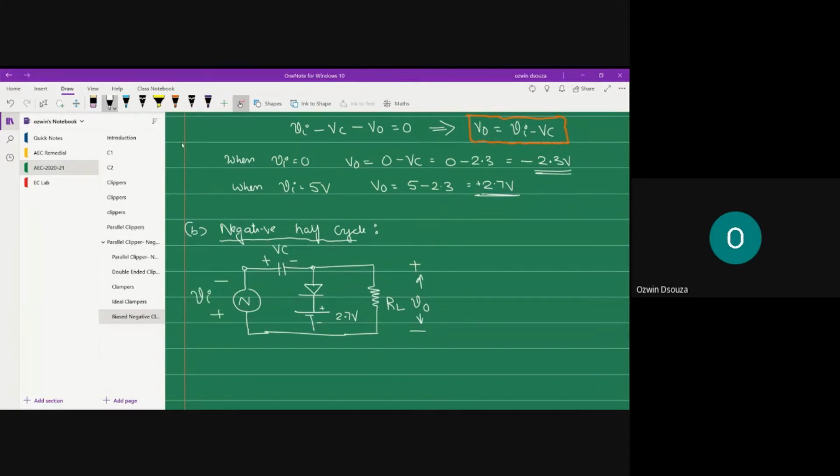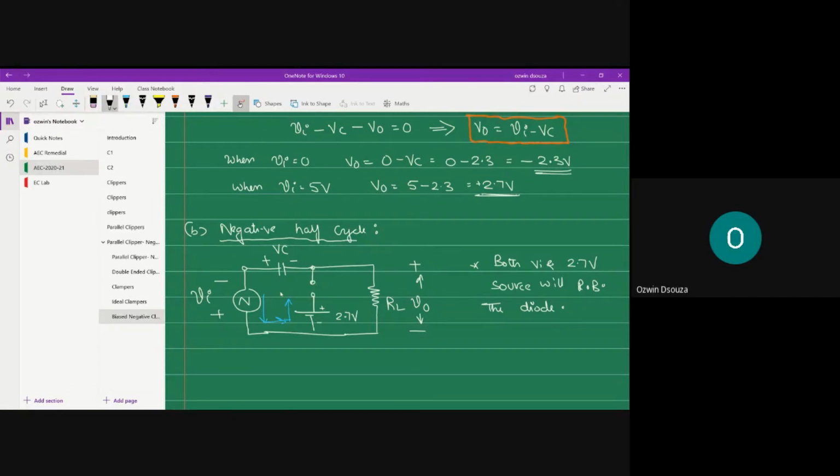As you can clearly observe, both VI and the 2.7 volt reference source will help each other in reverse biasing the diode. So the diode is going to get reverse biased, as in open circuit, so you can just show an open circuit here.